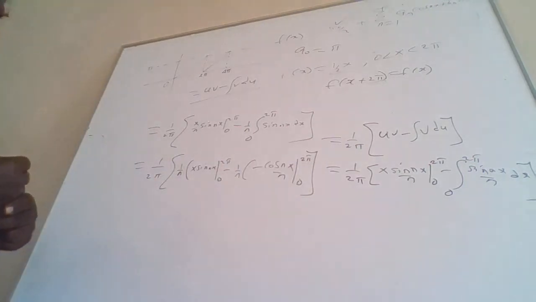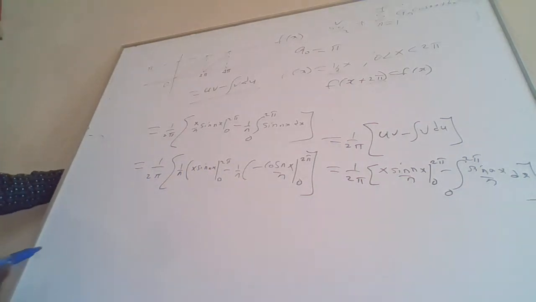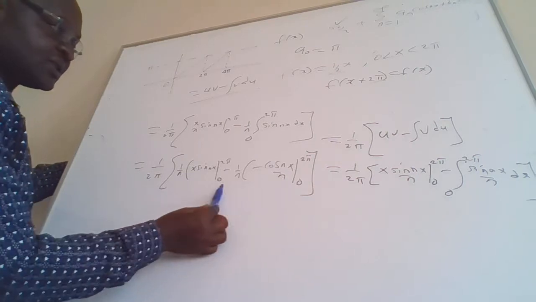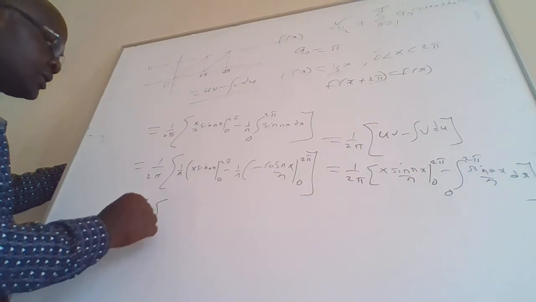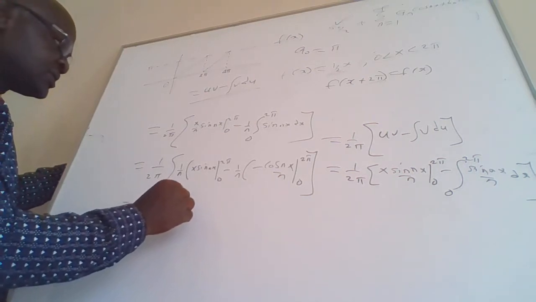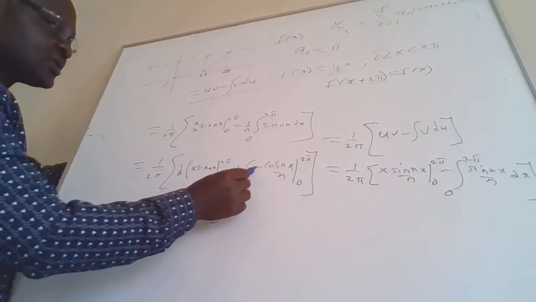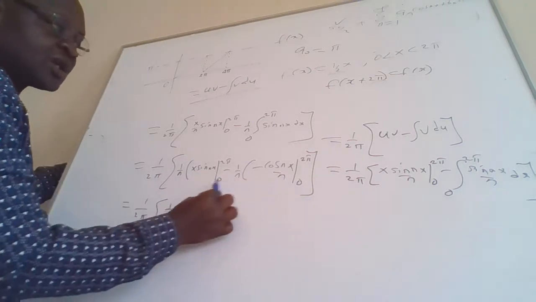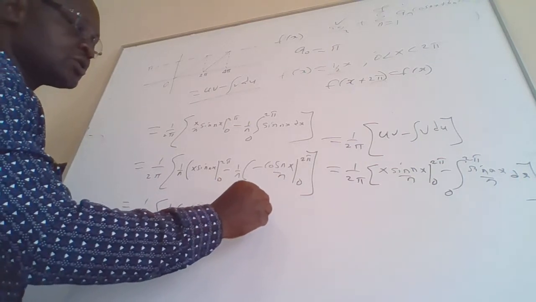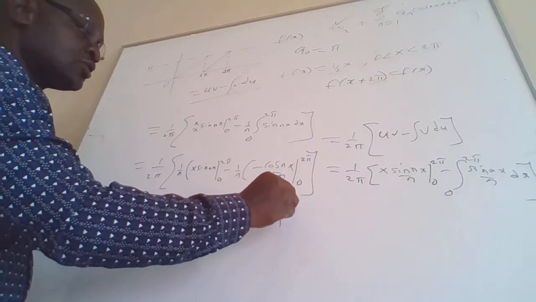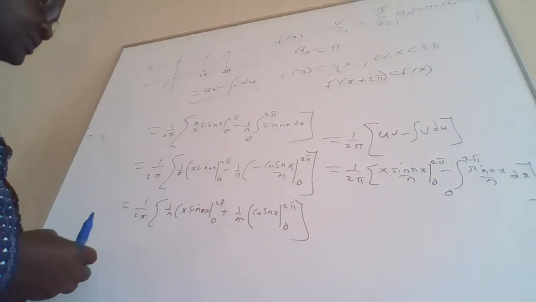Therefore, we have this sign and this one, because a negative will return positive here, and then we take outside 1 over n, so that we have 1 over 2 pi into 1 over n into x sin nx. Then this and this will be plus. We take out 1 over n, so it will be 1 over n squared into cos nx.